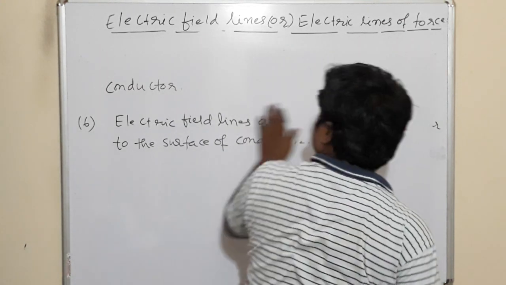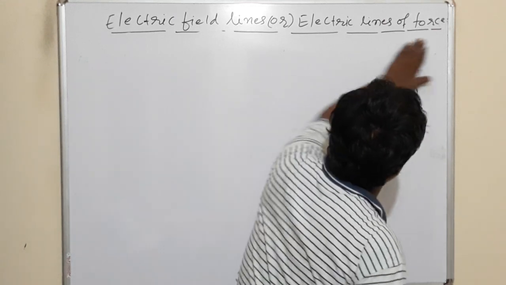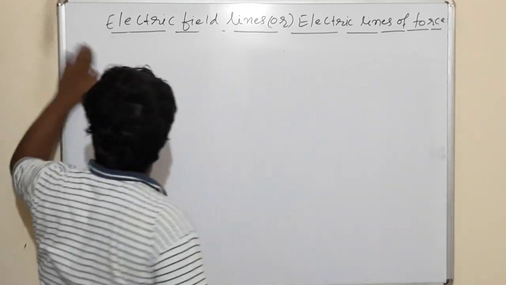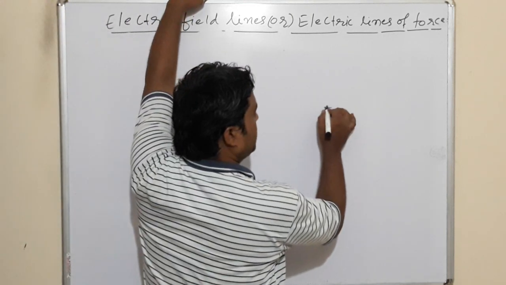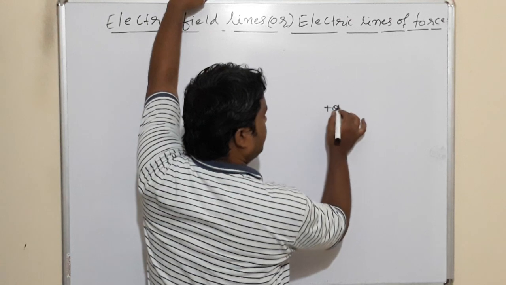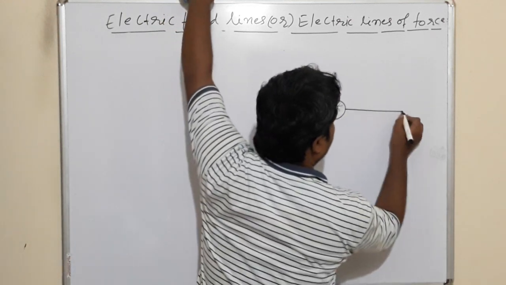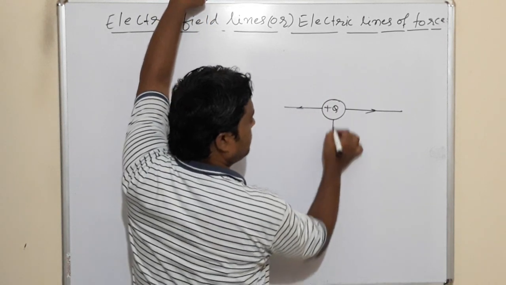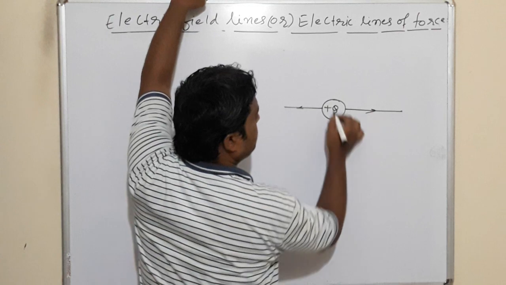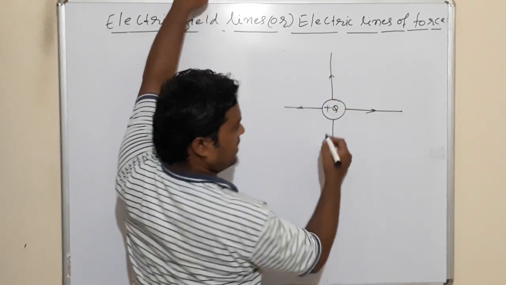Then, property number 7. It's very important. See here, this is a positive charge I considered at this point. Then what I have done is, I have drawn some electric lines of force around this. The lines will be going away from the charge because it is a positive charge.